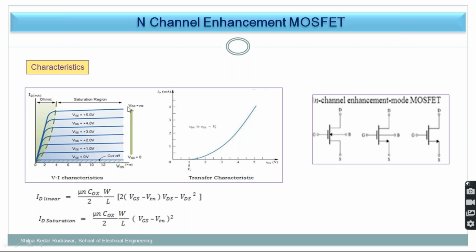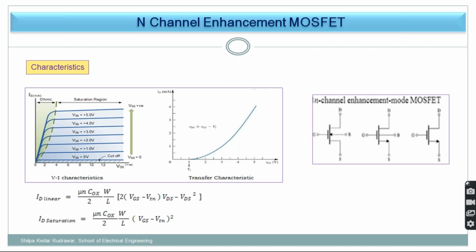Just remember ID versus VDS at constant VGS, because there are three parameters involved over here, and that's why one is taken constant. So this is called the VI characteristic.